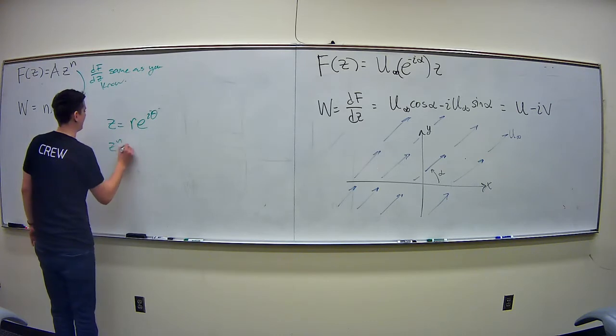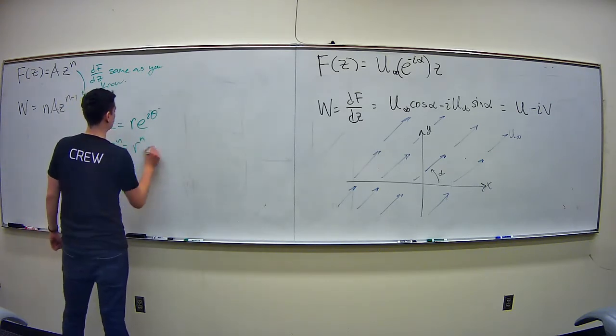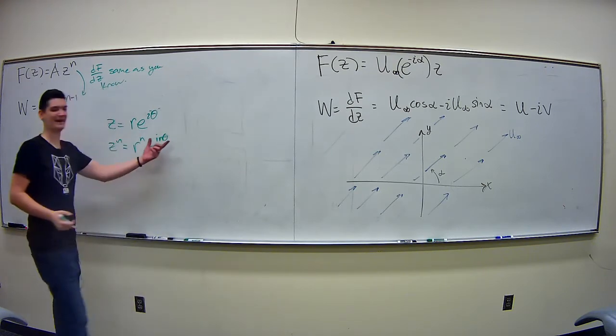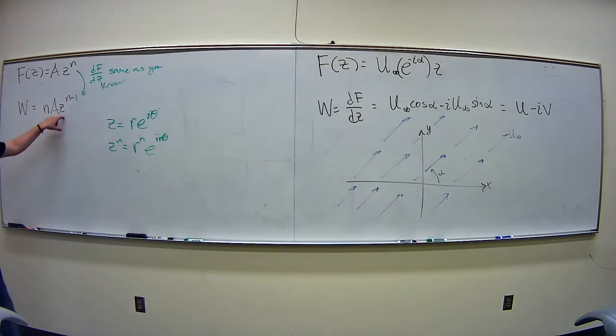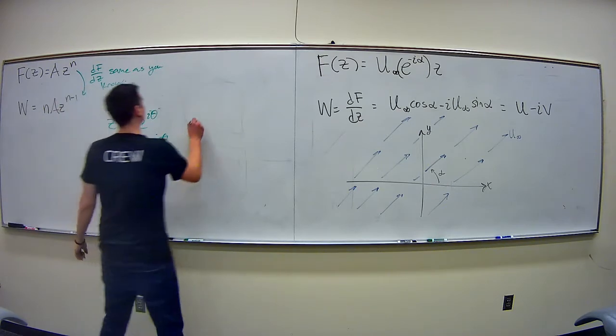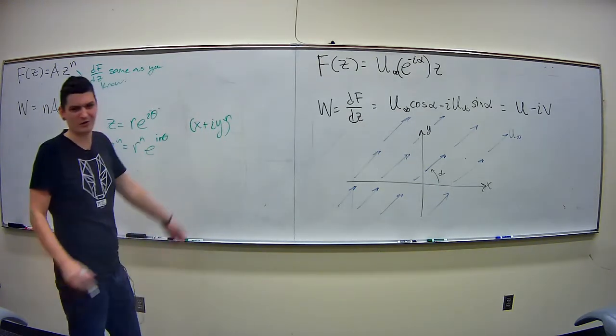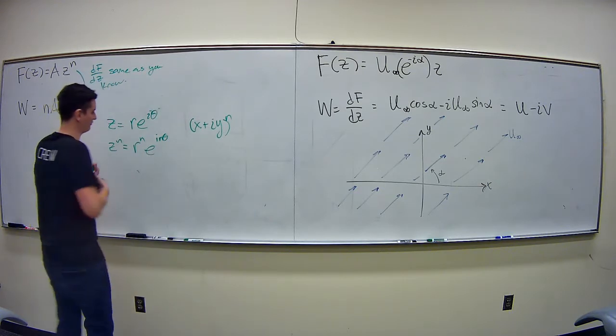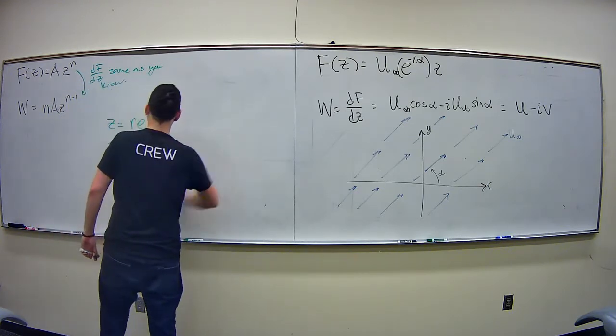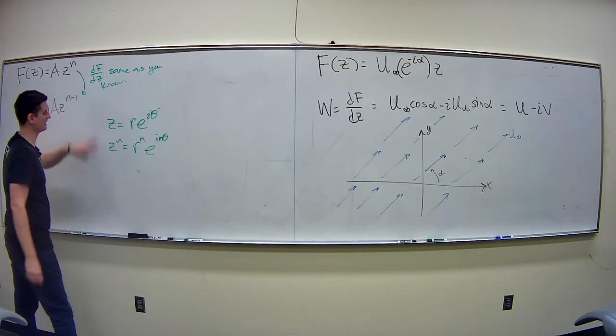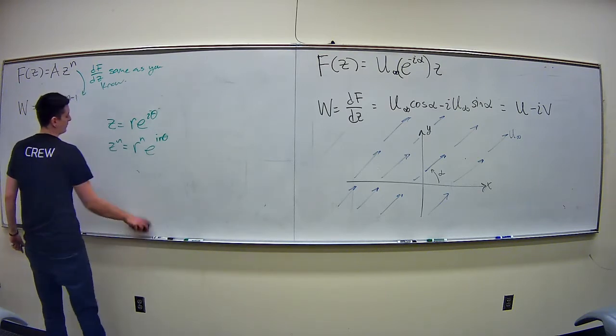So z to the n, I'll have r to the n, but then the power here, I just get e to the i n theta. It's certainly easier than an x plus iy to the n. Are you going to run the binomial formula on that and get analysis out of that? Good luck. So polar with powers is a very clear reason why you'd want to switch to that form of the problem.